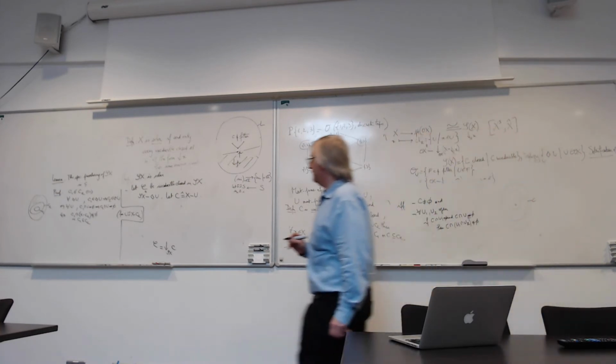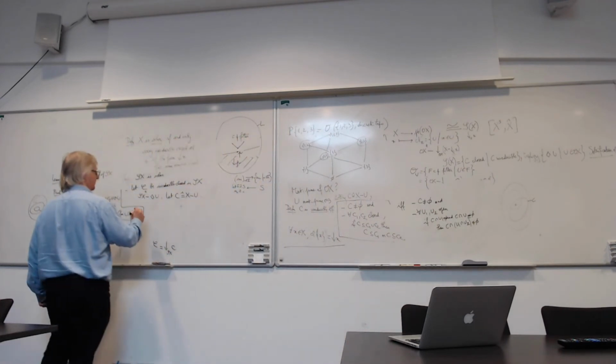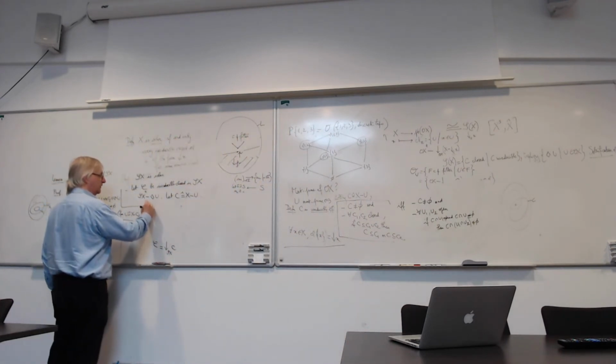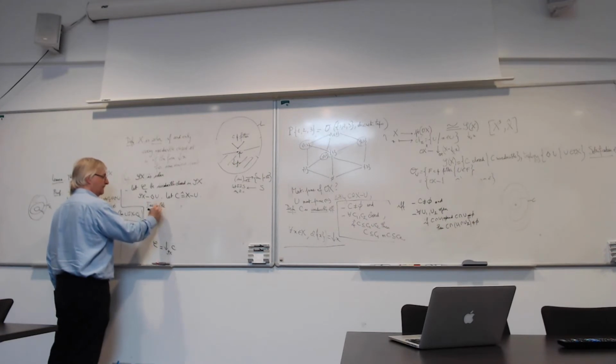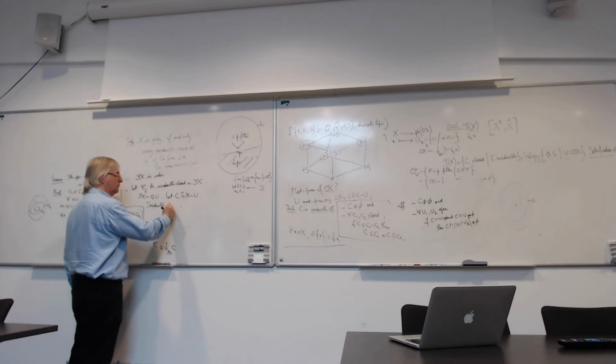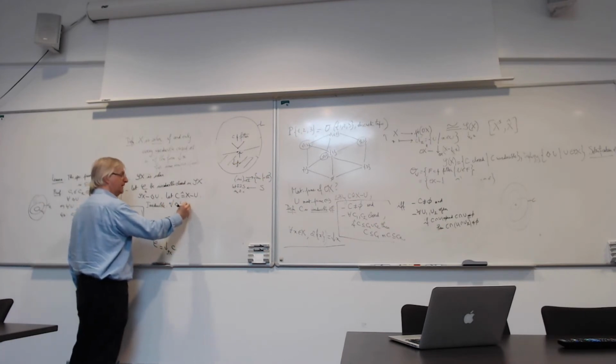So if we write this definition here, that means we know that round C being irreducible means that for every two open sets of S of X, they are all of the form diamond U1, diamond U2.